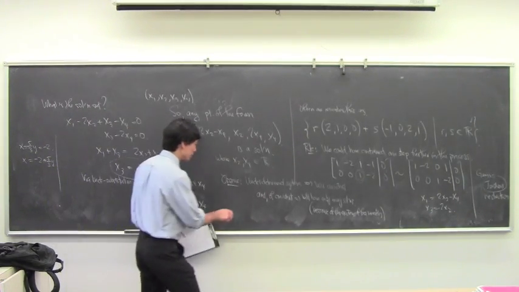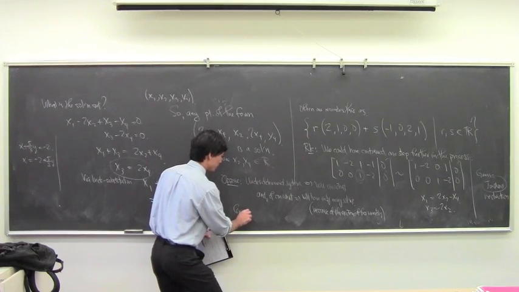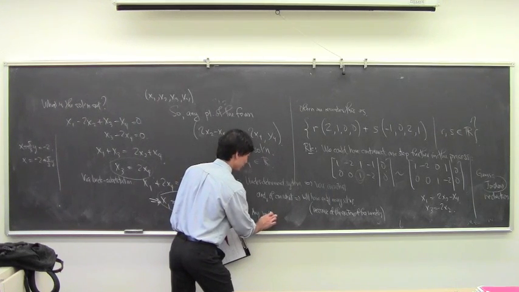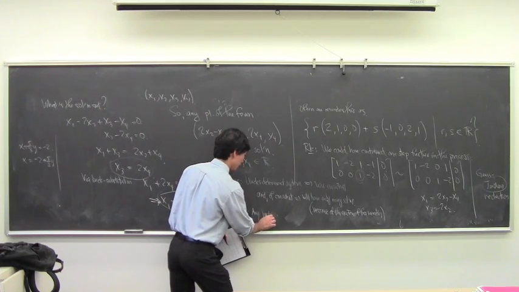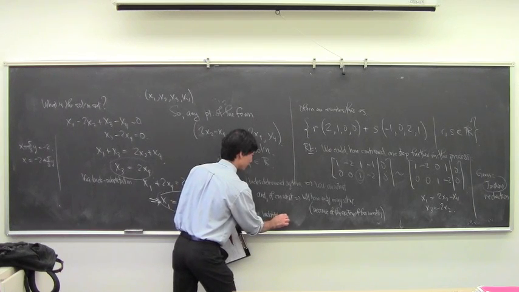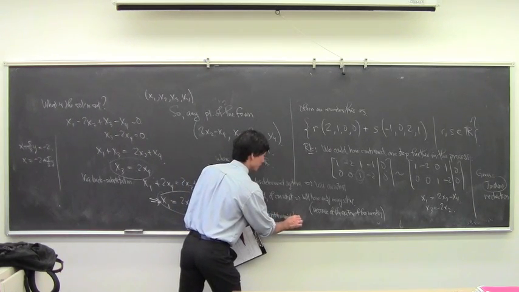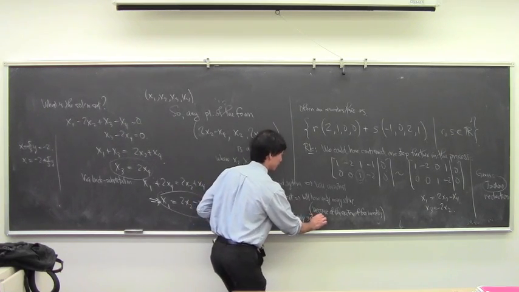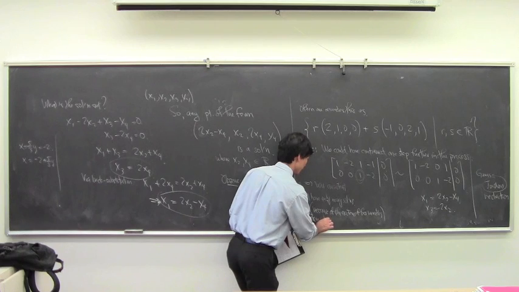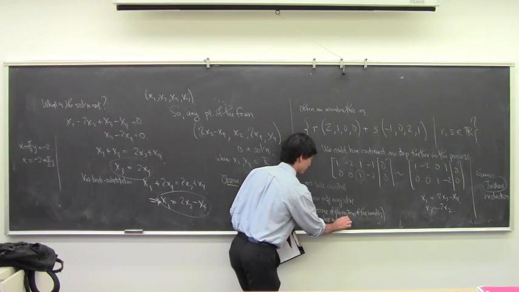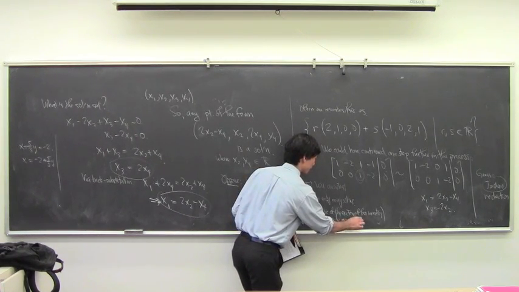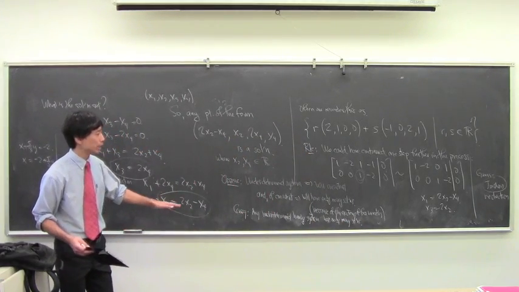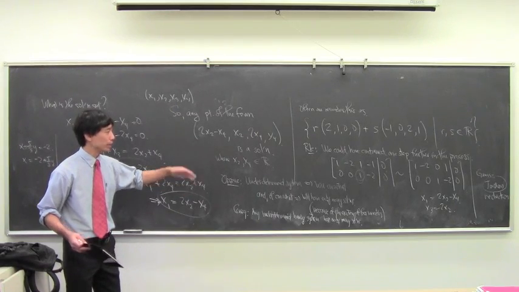Okay. So in consequence, any underdetermined homogeneous system automatically has infinitely many solutions. Because if it's a homogeneous system, then you're guaranteed a solution.